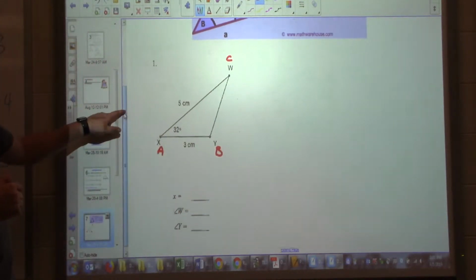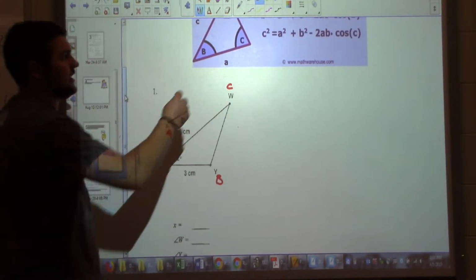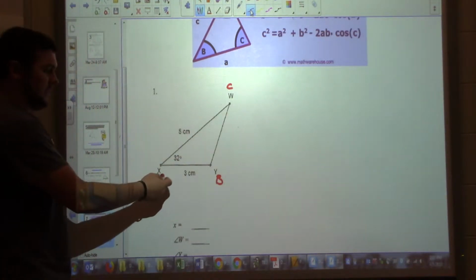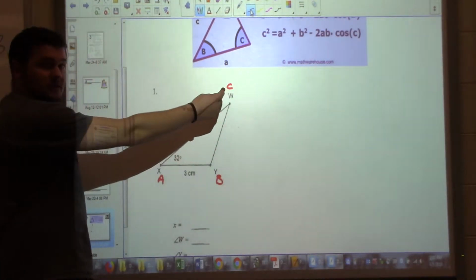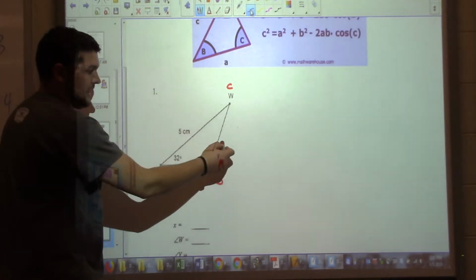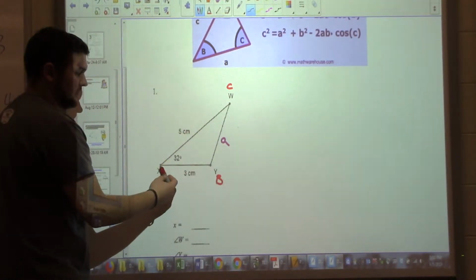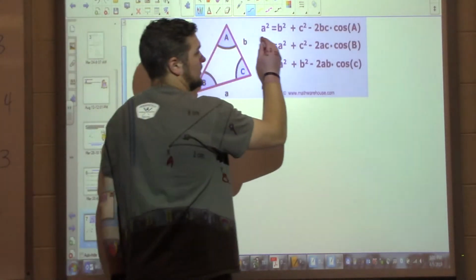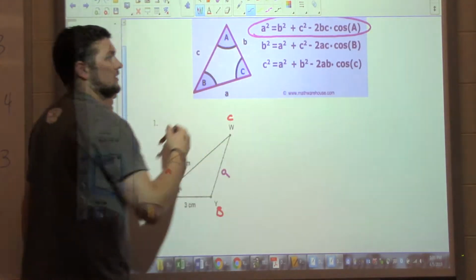Alright, so which side then am I technically looking for? A, B, or C? If I let X be A, Y be B, W be C, I'm looking for A, right? It's across from angle A. So I'm going to use that first formula, the one where I'm looking for A squared.